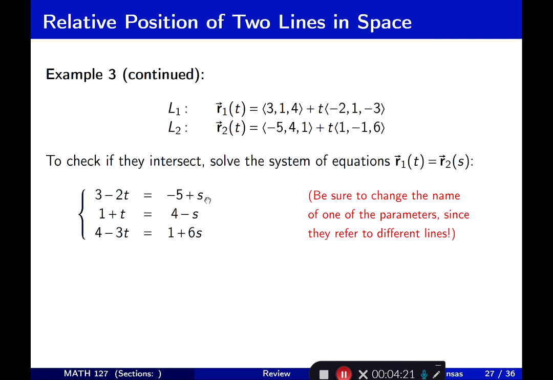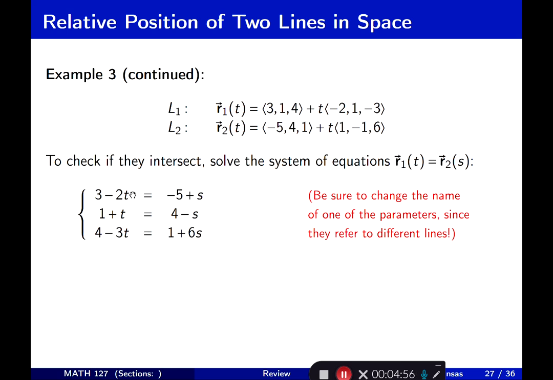Then the y value for L1, which is 1 plus t, is set equal to the y value for L2, which is 4 minus s, and z the same way. So this is 3 equations with 2 variables, and they're linear equations.